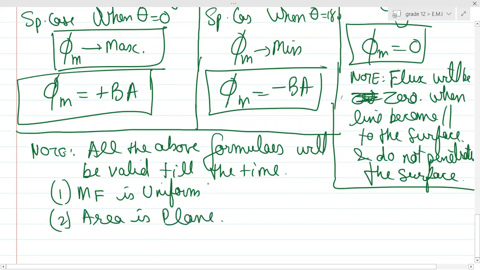If any of the two conditions doesn't meet, then none of the formulas you have written are valid.